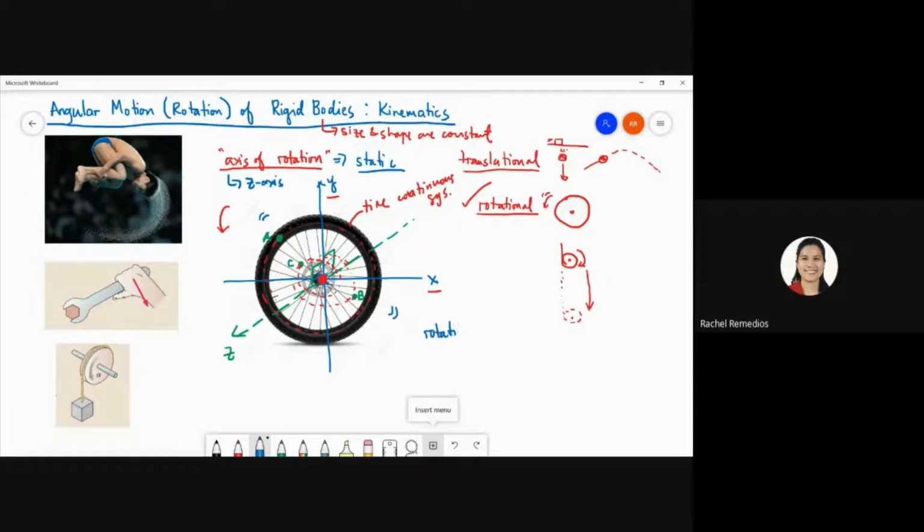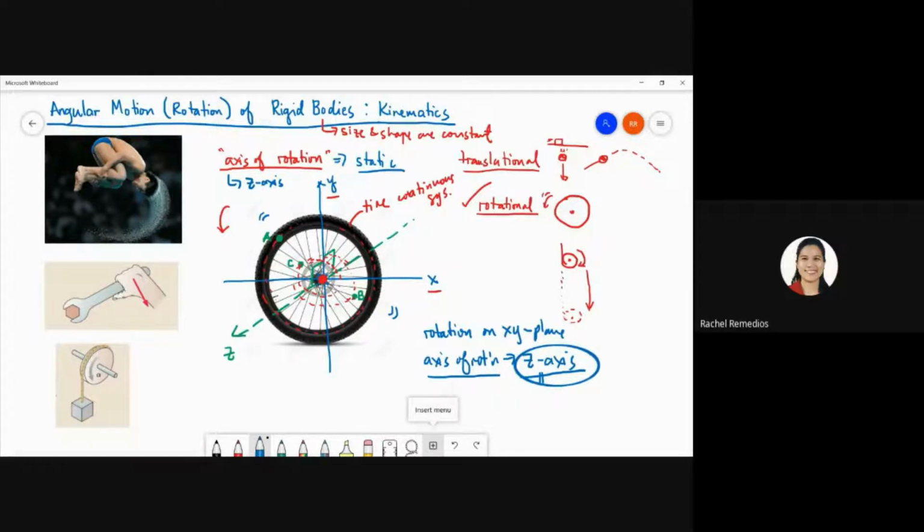So, rotation on xy plane, and then our axis of rotation is nasa z-axis. Kaya, sa kinematics natin mamaya, meron tayo always subscript na z ilalagay to remind us that the axis of rotation ng pinag-aaralan natin is along the z-axis.